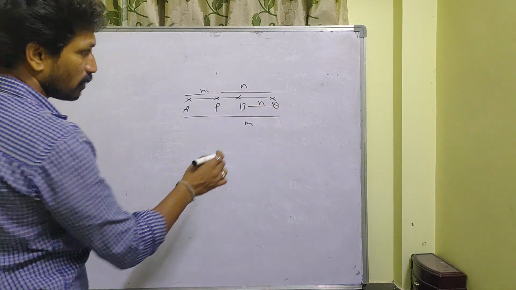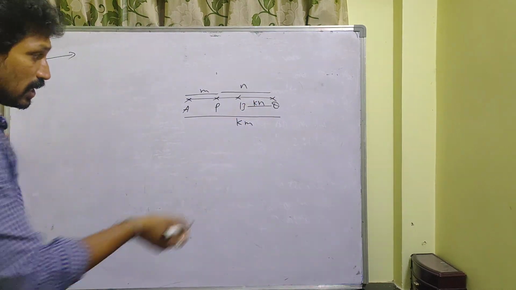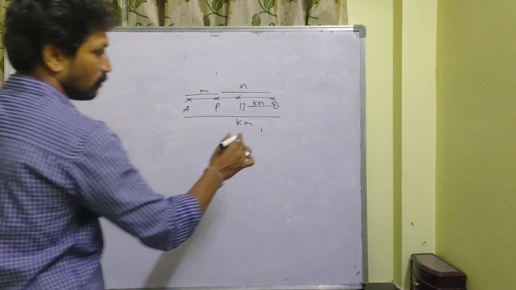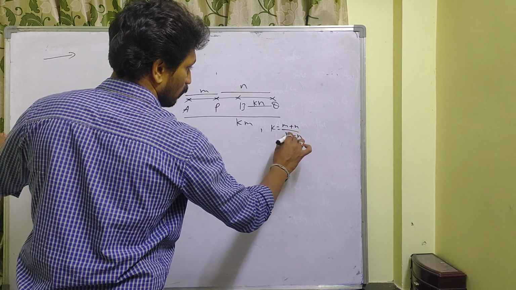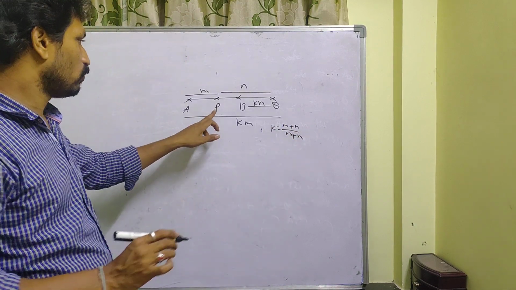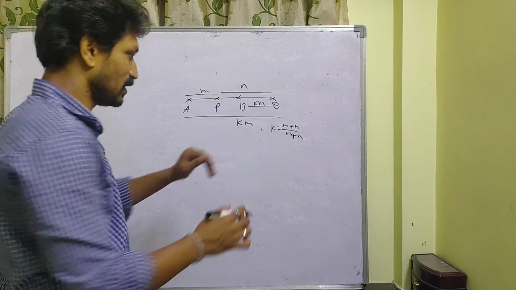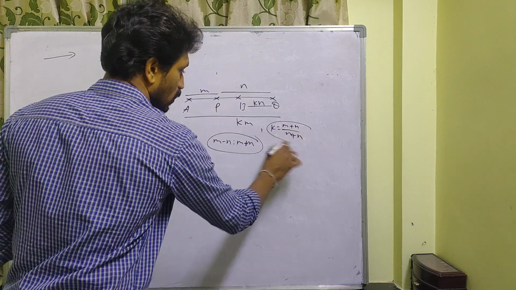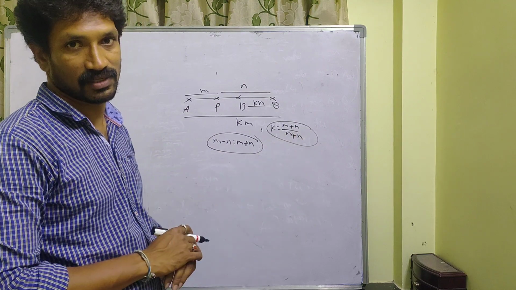So that means it is nothing but km is to kn. Already I told you. Please remember, k is equal to m plus n by m minus n, and the ratio in which AB divides PQ is m minus n is to m plus n. That is different. Just remember, this k will be m plus n by m minus n.